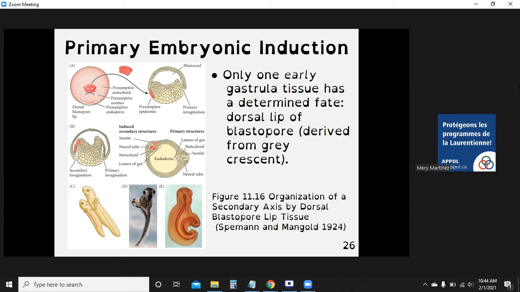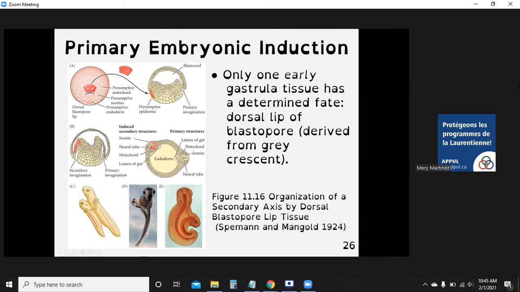So how did they do that? Here in A we have a blastula. We take here the dorsal blastopore lip, and we implant it into another one, where the presumptive epidermis is, okay? So that is the belly section, the ventral part of this other embryo.